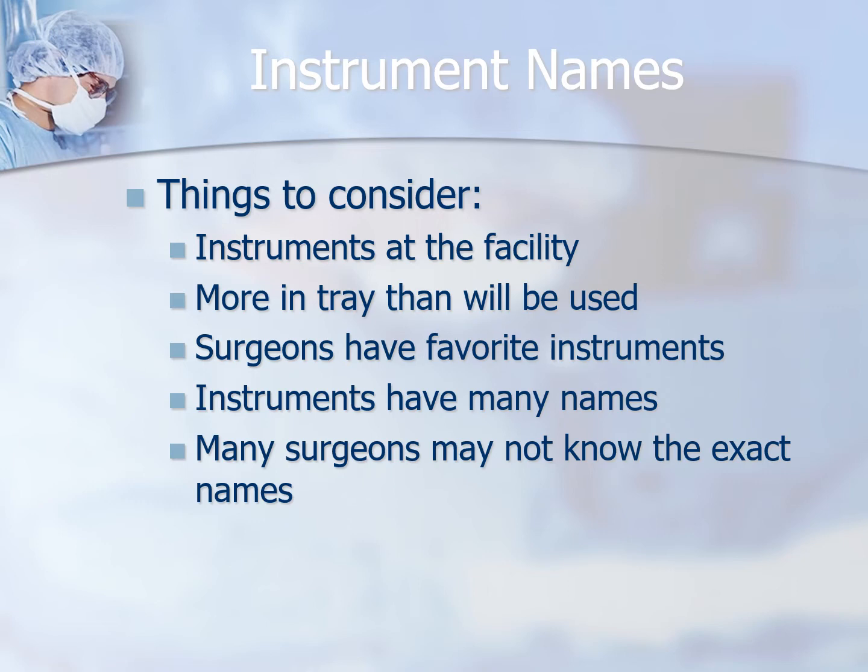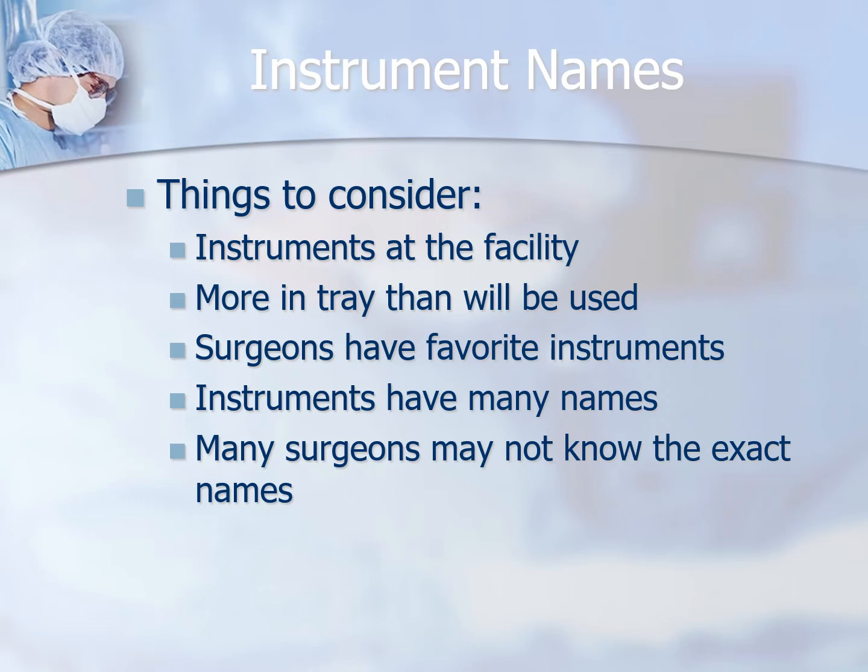It's also important to take a deep breath and not get too frustrated when we find that instruments have several different names. As I have said in class when I showed you the curved cryo or curved Kelly, surgeons are going to ask for a hemostat, a clamp, a snap, a cryo, a Kelly.